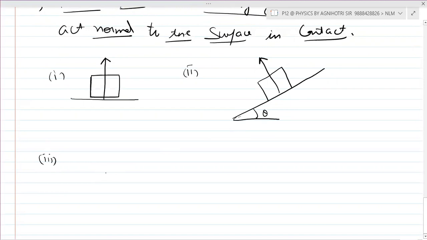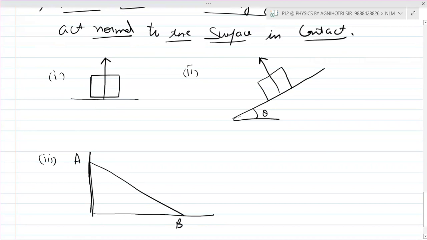Okay, now let me give you the third example. You consider that you have placed a rod like this. Let this end be A, this end be B. A will have a normal reaction in this direction, normal to the surface in contact, and B will have a normal reaction in this direction, normal to the surface in contact.